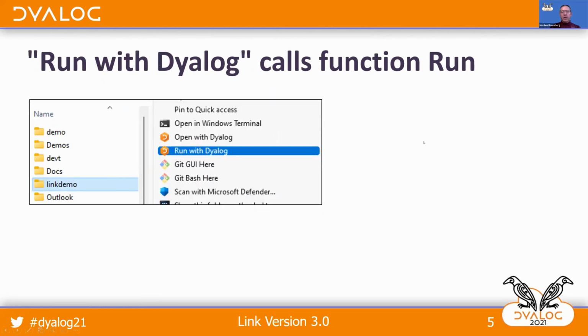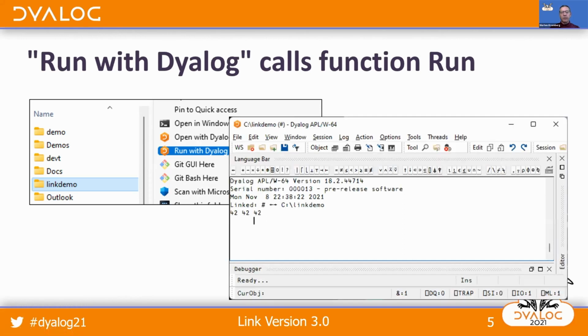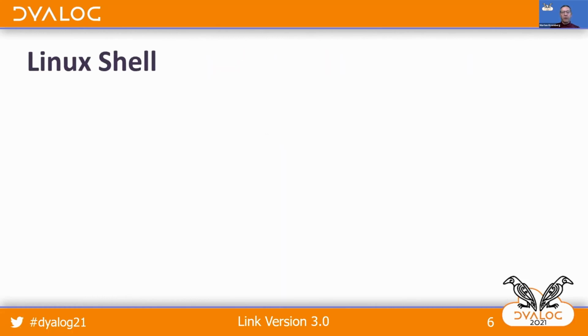If you, instead of selecting the Open with Dyalog option, you click Run with Dyalog, it'll link the folder and then see if there's a function called run, which is monadic. If there is, it'll call it. And our application now can be run, either open for development or run just with these menu items.